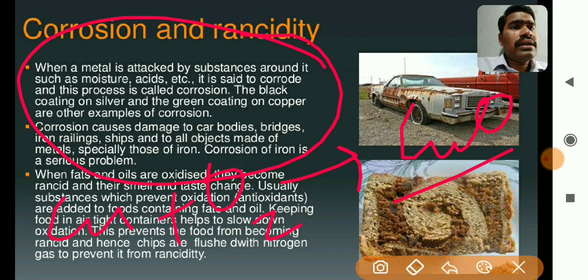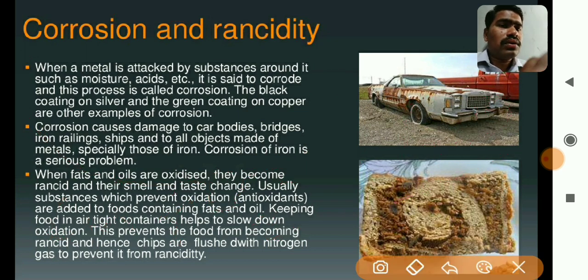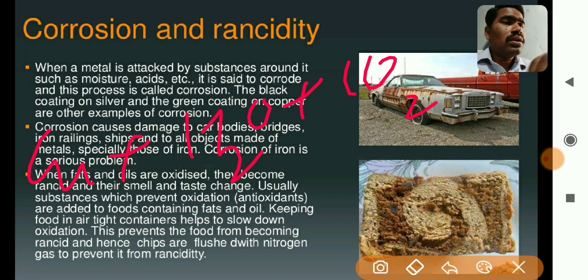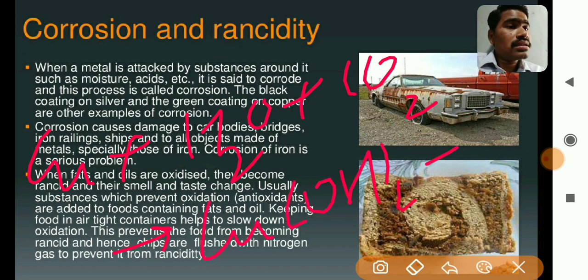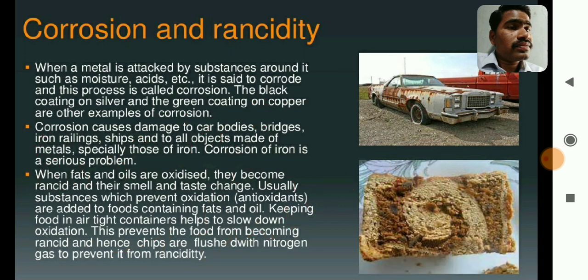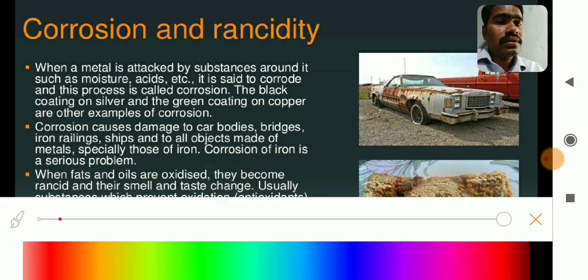Now the green coating on copper generally takes place because of the presence of, if you see, copper when it combines with H2O and CO2, then it forms Cu(OH)2, let me change the pen so that you can see it clearly.